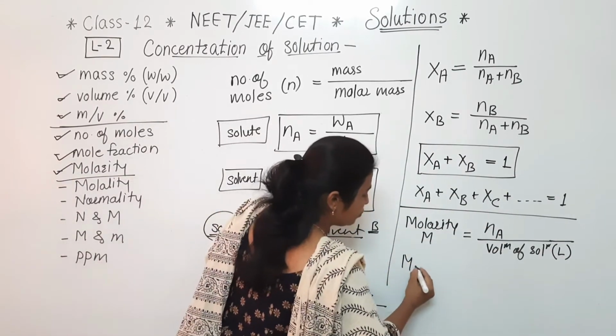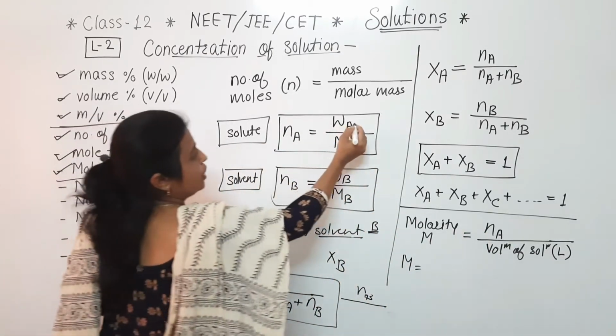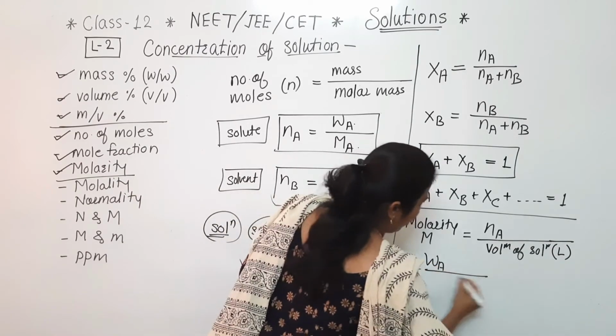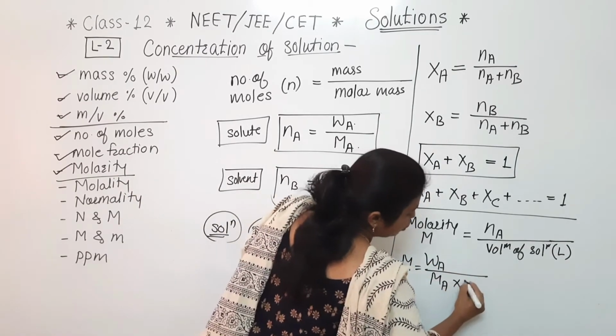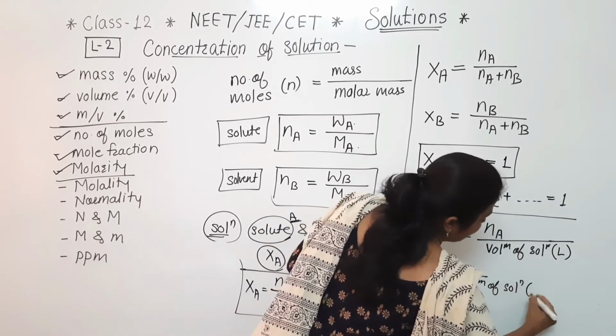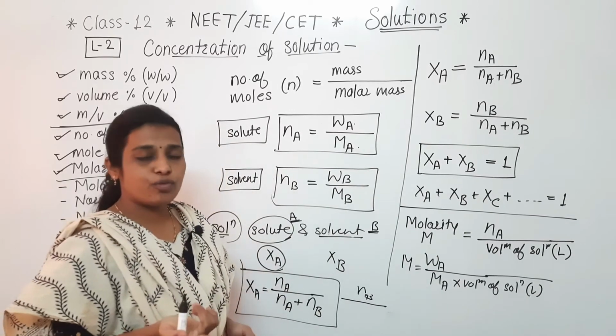Another way to write the formula: Na is nothing but Wa upon Ma, so Wa upon Ma into the volume of solution in liters. If the volume is given in ml, then what we have to do?